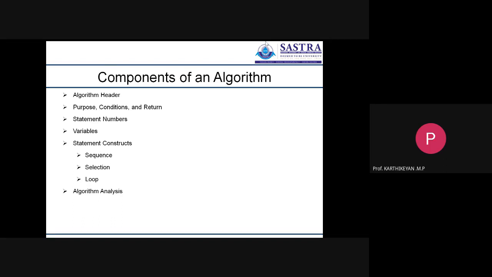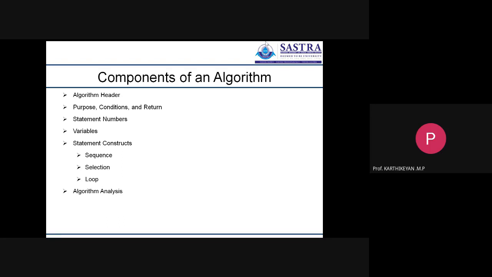So you can use proper meaningful abbreviations and proper meaningful variable names. This is very important. So in algorithms, whenever we are using variable names, please try to avoid single letter variable names, and we should give proper meaningful variable names.